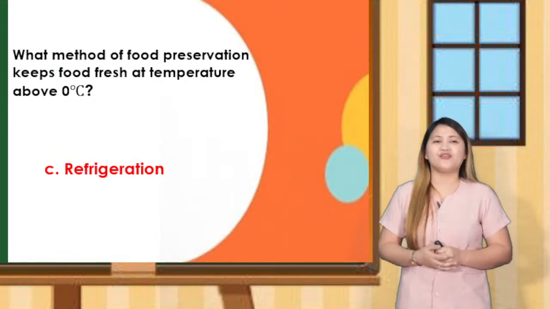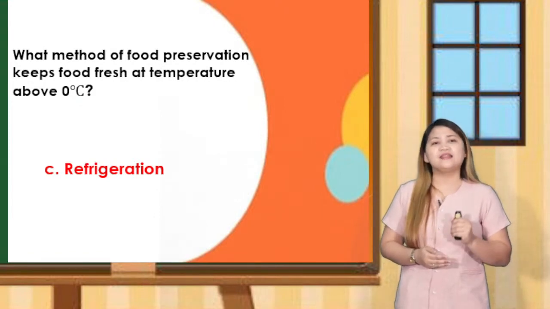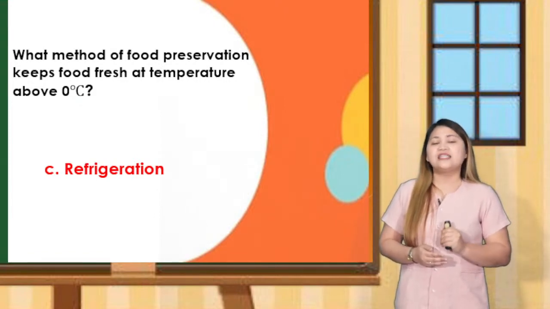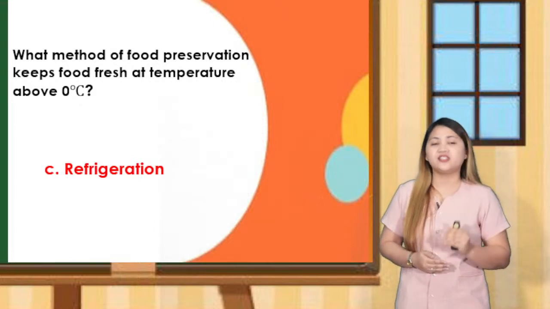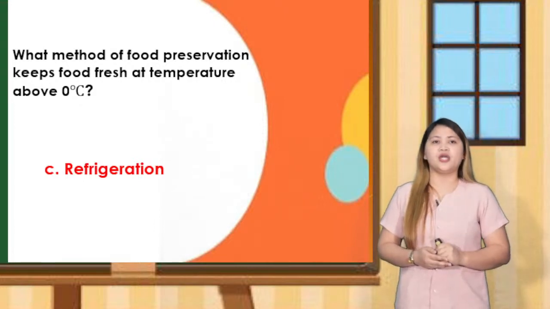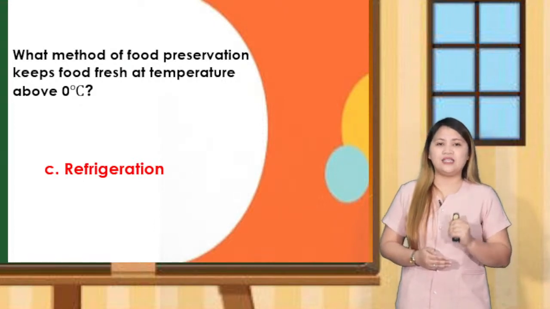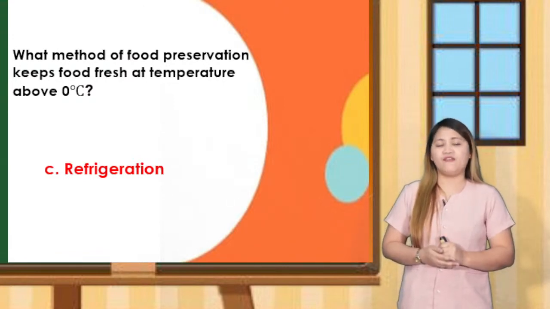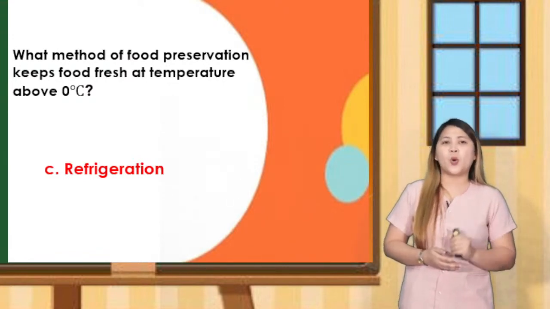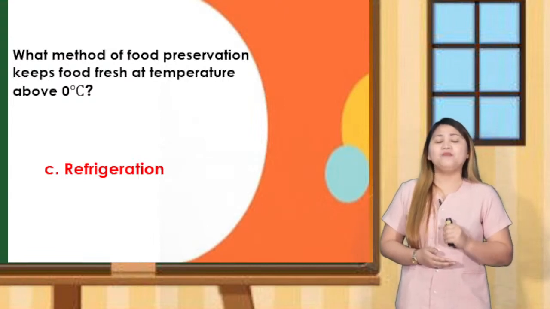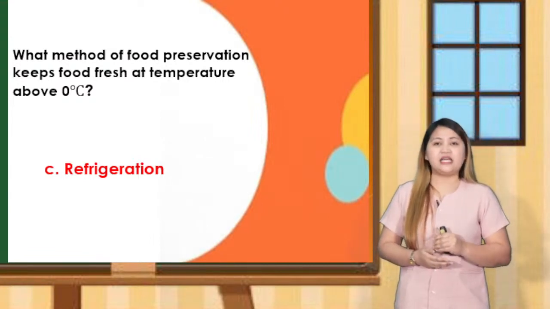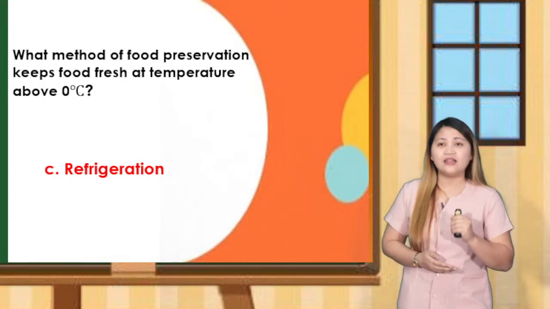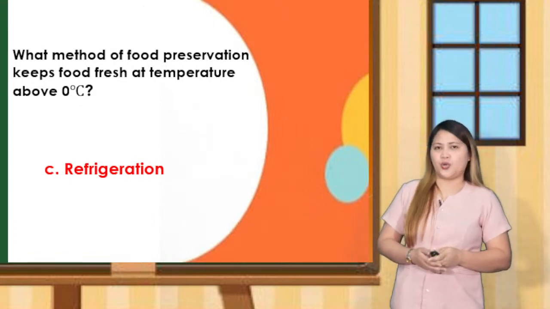Yes, refrigeration keeps food fresh at temperatures near 0 degrees Celsius, and storage at or near that temperature stops the growth and activity of most microorganisms that cause food spoilage. However, the temperature in a refrigerator causes the microorganisms to sleep and become inactive. Yes, inactive but not totally destroyed.